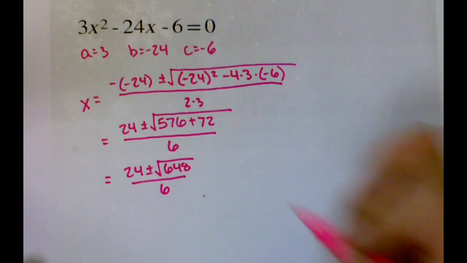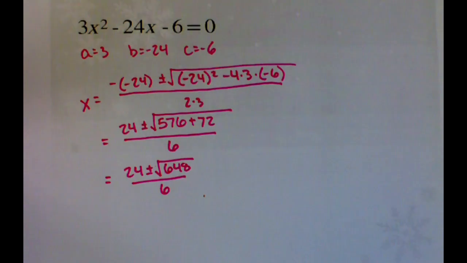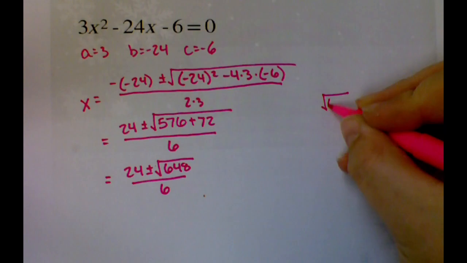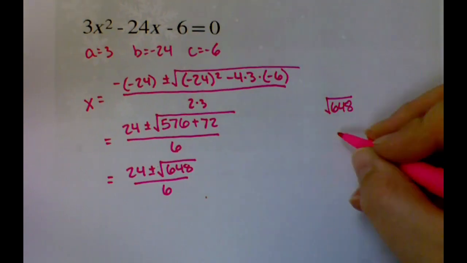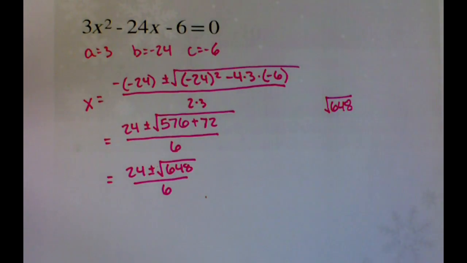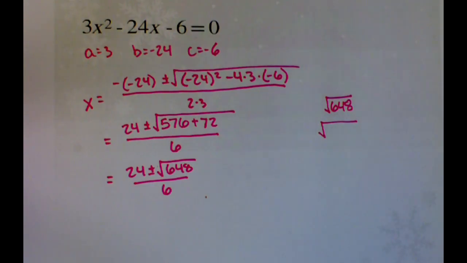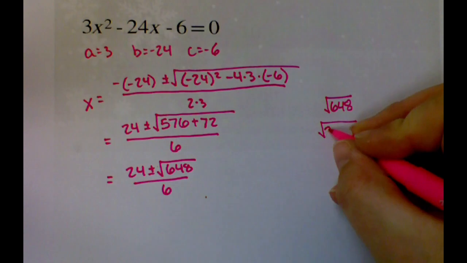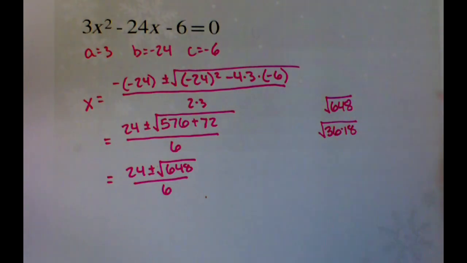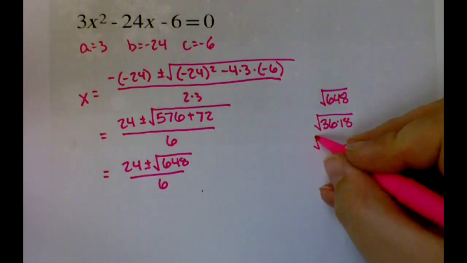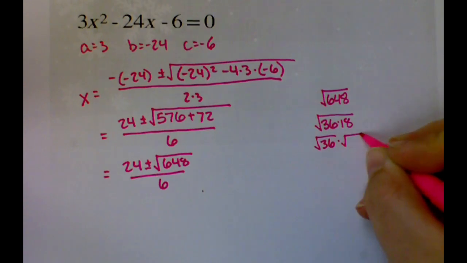all over 6. Now 648 happens to not be a perfect square. So I need to figure out what goes into 648. Well, I'm going to guess and check a little bit. I found out that 36 times 18 goes into 648. And I know the square root of 36, so that's helpful.